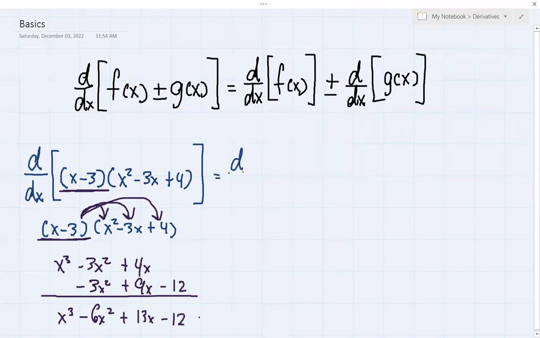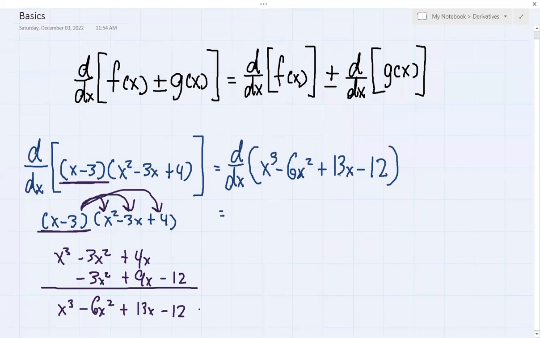Okay? So, we will have the derivative of, mali pala ako ng parenthesis. The derivative of x cubed minus 6x squared plus 13x minus 12. Ayan.